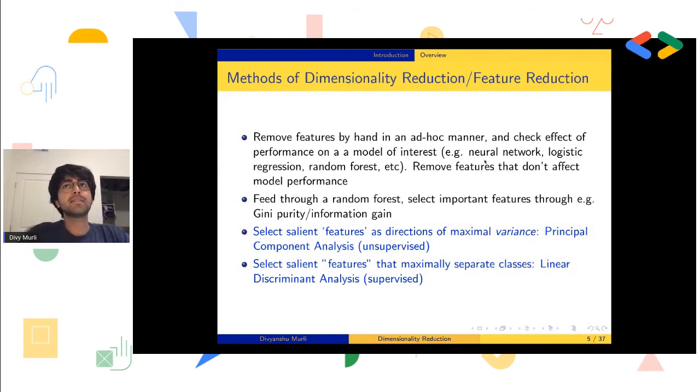Let's say I have some neural network and I want to find the most important features to optimize the performance of this neural network algorithm. Or maybe I have a bunch of features, and I just want to understand which ones are important and which ones aren't, because just by looking at them, I don't really know.